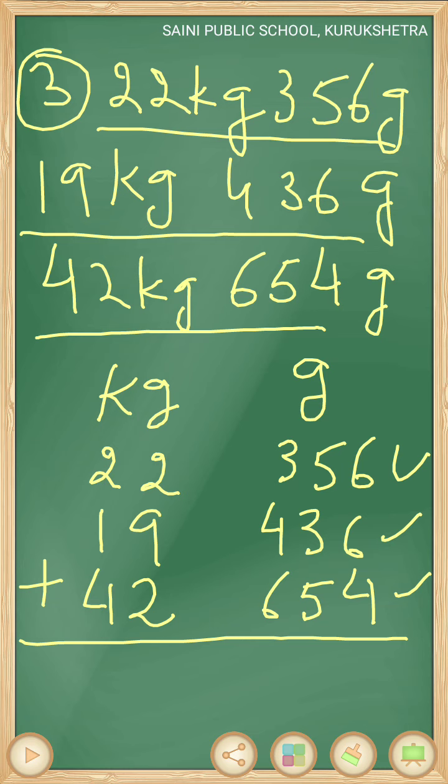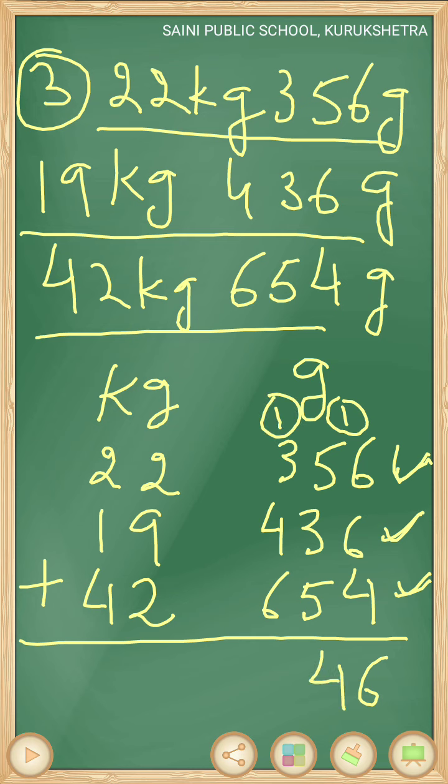Now we'll start doing addition from which side? From right side. Okay, so first place is 6 plus 6 plus 4. 6 plus 6, 12 plus 4, 16. So here 6. 1 will add to next place. Now next place, 5 plus 1, 6. 6 plus 3, 9. 9 plus 5, 14. Okay, so here 4. 1 will add to next place.